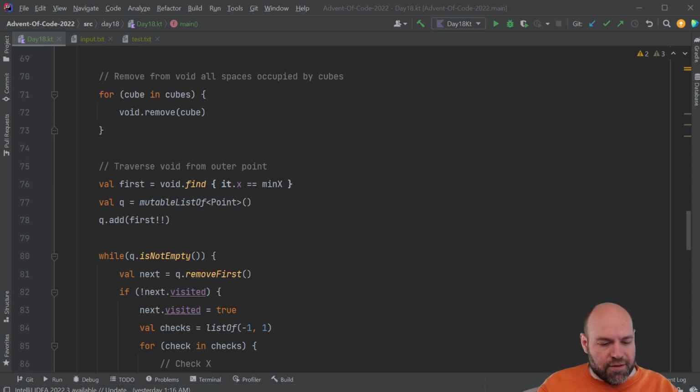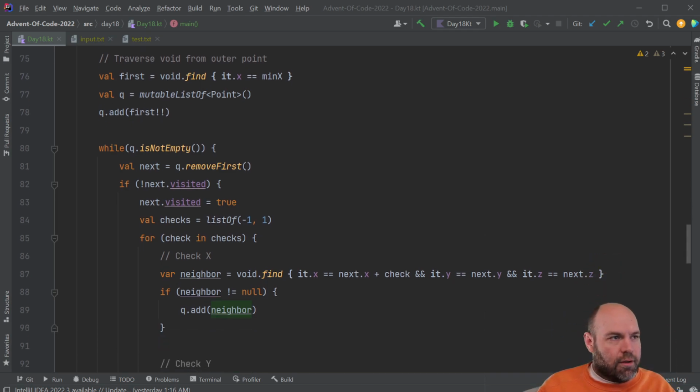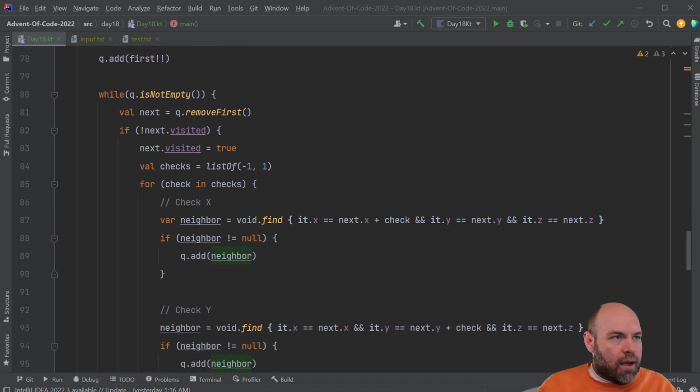The easiest way is really to just figure out what the exterior parts are. So I start with a breadth first search from a point that I know is on the outside. I just took the first one that has a minimum X. It doesn't really matter, we just want to make sure we have a point on the outside of the shell. I use a queue: add that point to the queue and mark it as visited.